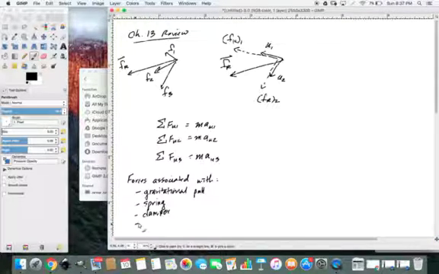And I guess we did also talk about another type of friction. We talked again about Coulomb friction. So don't forget how to work with each of these types of force.